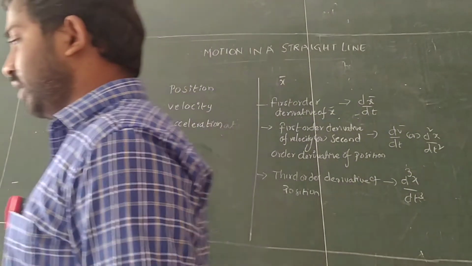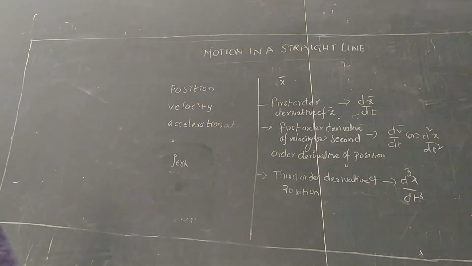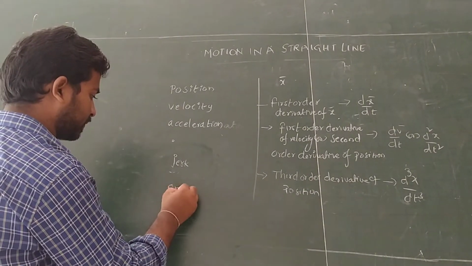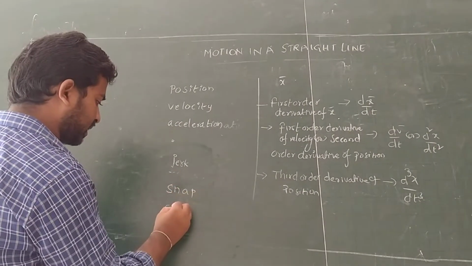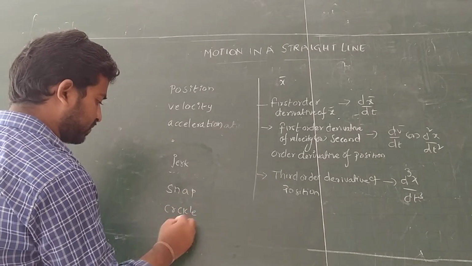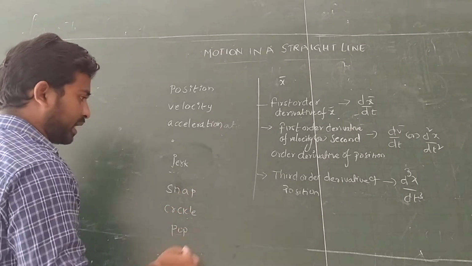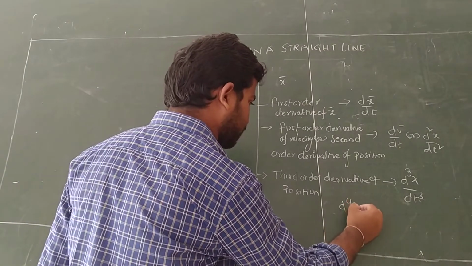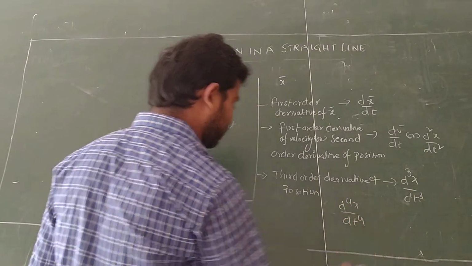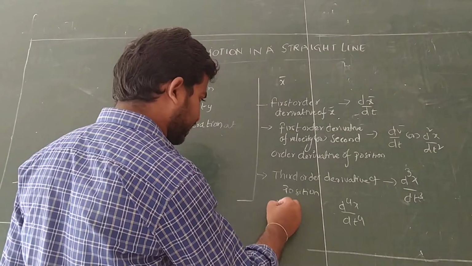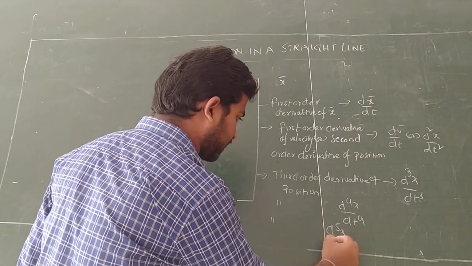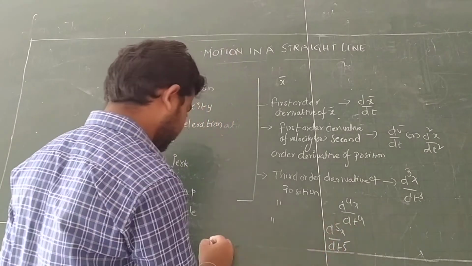Next one is snap, next is crackle, next is pop. Snap is the fourth order derivative, d4x by dt4. Crackle is the fifth, d5x by dt power 5. Next one, pop, is the sixth.